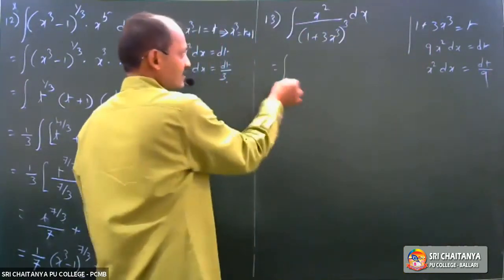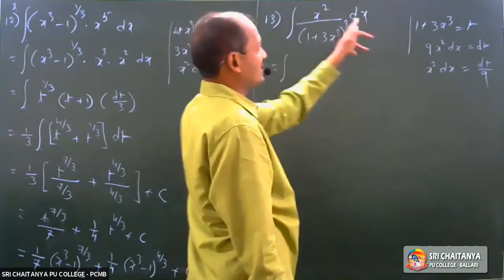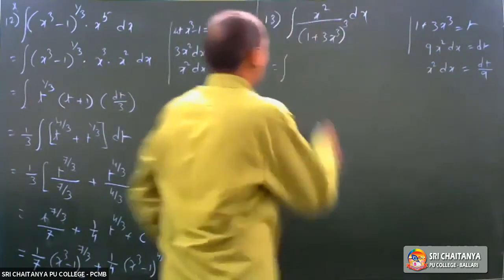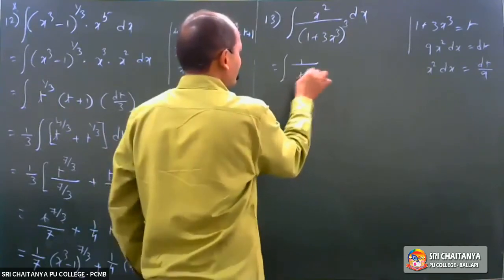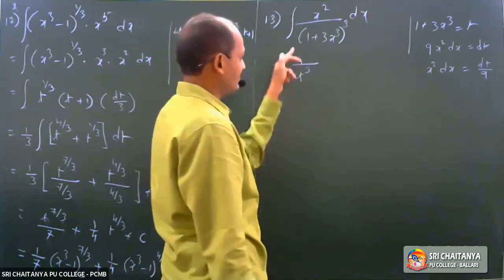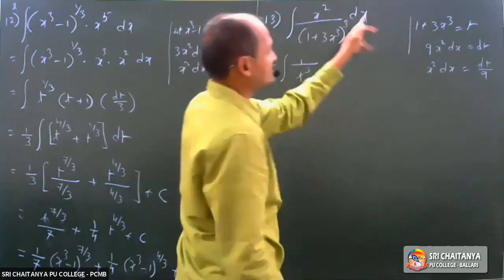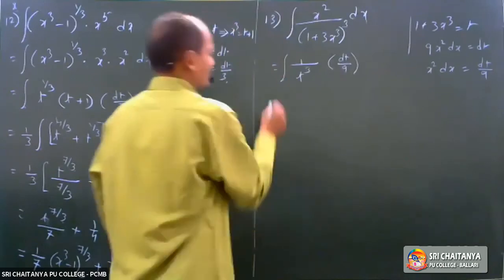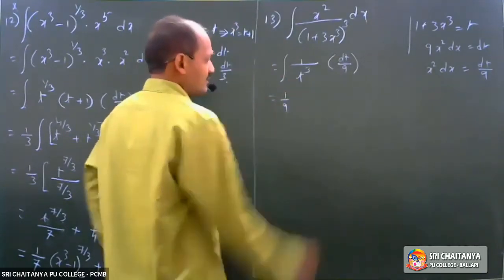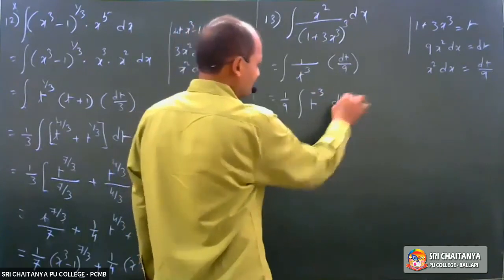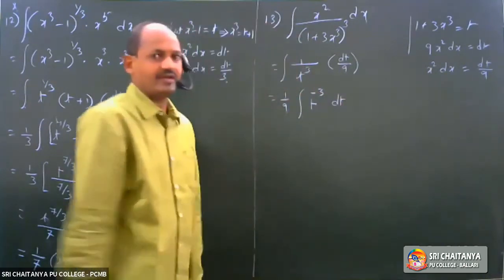Now integral of x squared dx is dt by 9. 1 divided by t power 3, considered t. So 1 by t cube, x square dx is dt by 9. It is 1 by 9 integral of t power minus 3 dt.